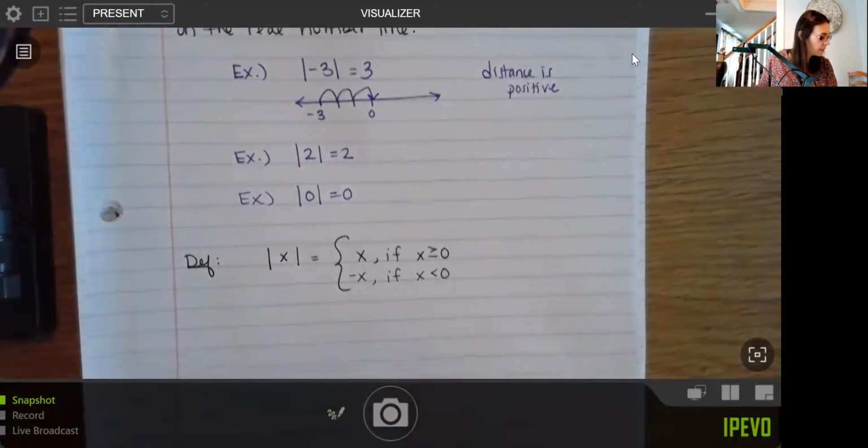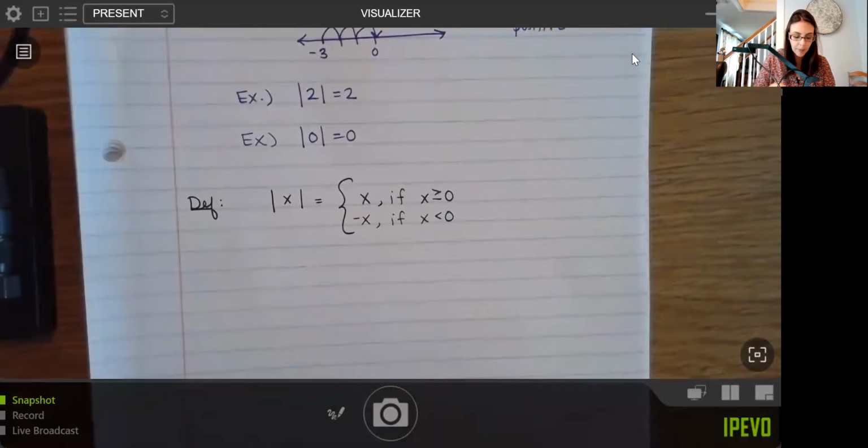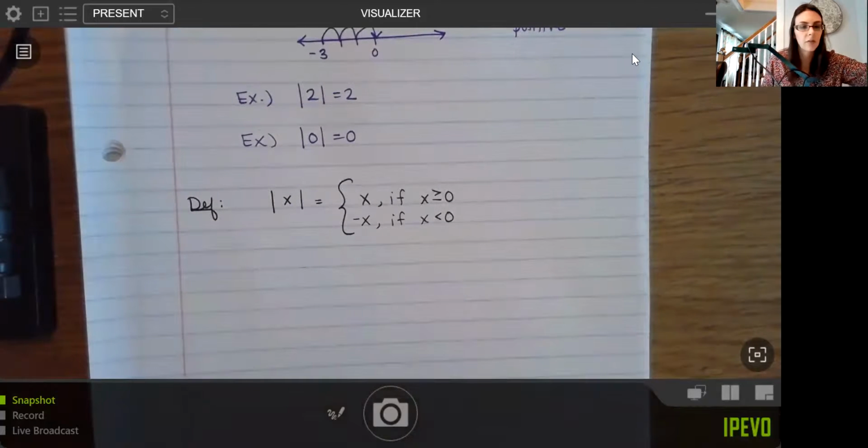So let's look at a couple more examples. Again, a little bit more complicated this time. Let's get a different color.